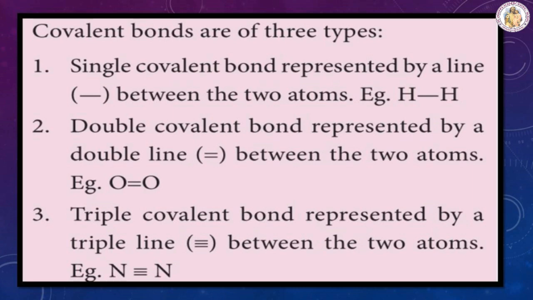Between the oxygen atoms there is a double covalent bond, so it is represented by a double line. Next is the triple covalent bond, represented by a triple line between the two atoms, for example nitrogen. Between the two nitrogen atoms there is a triple covalent bond, represented by a triple line.